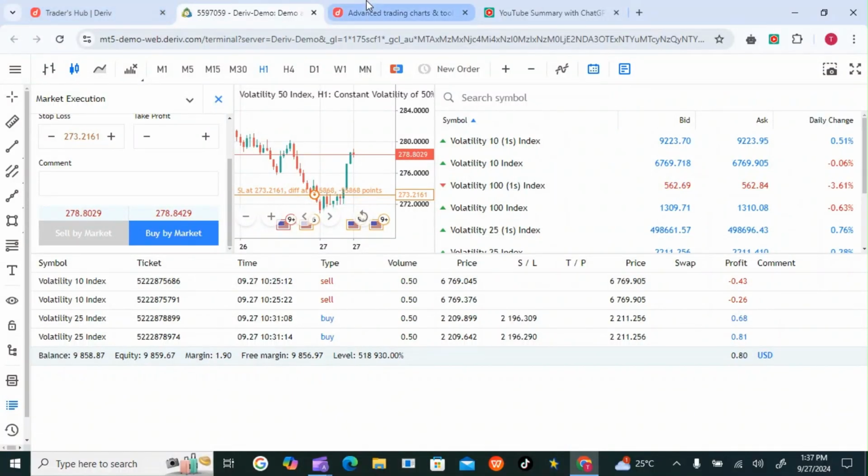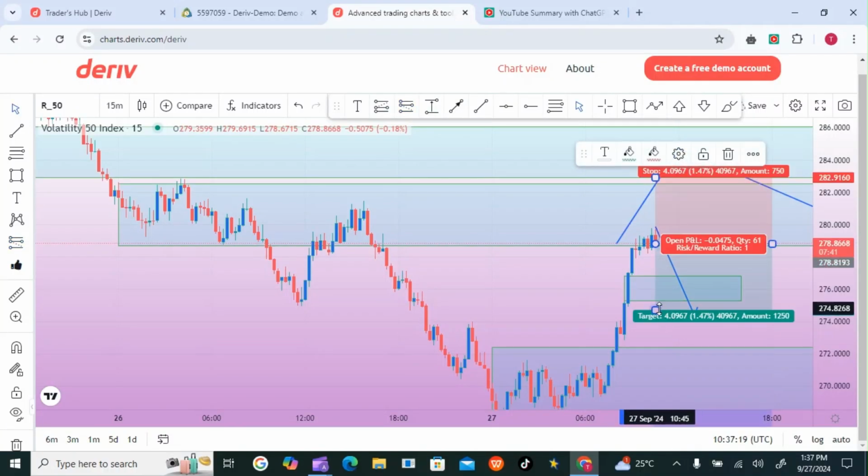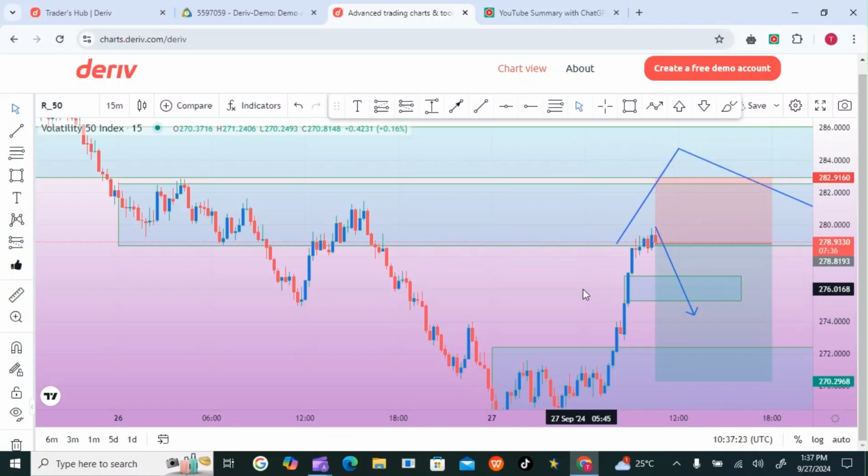So what do we do? We will just take a position here and see what would have happened if you were to take the trade. So I'll take a long position to the downside. Remember, this is a fair value gap here. This one is a fair value gap here. So the market must come to fill that.